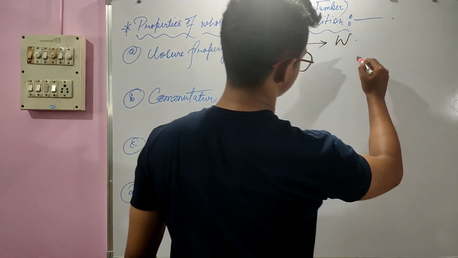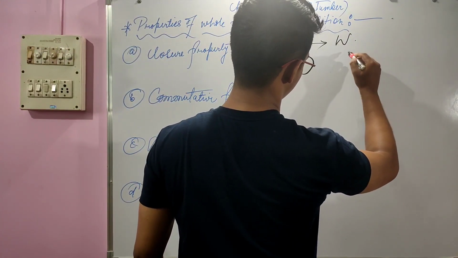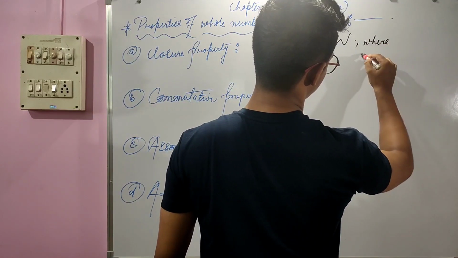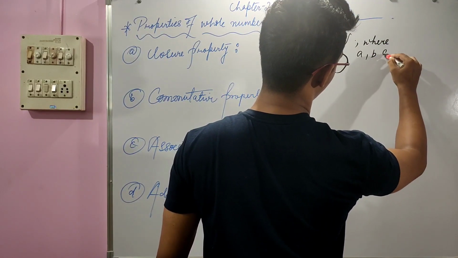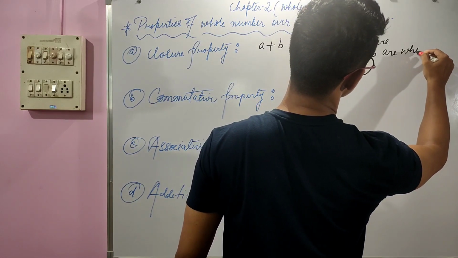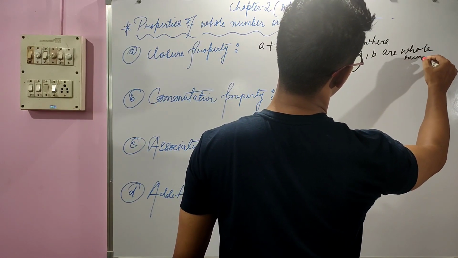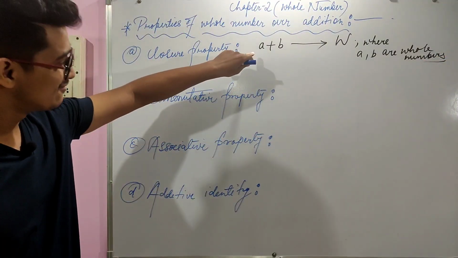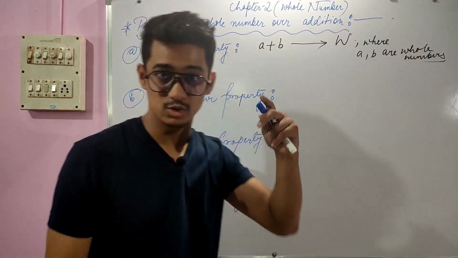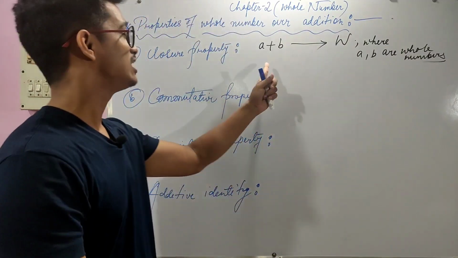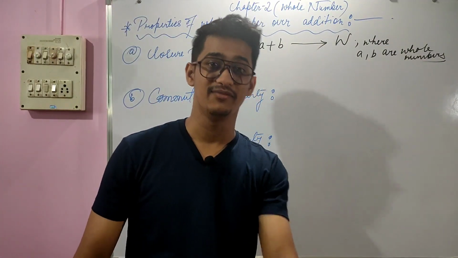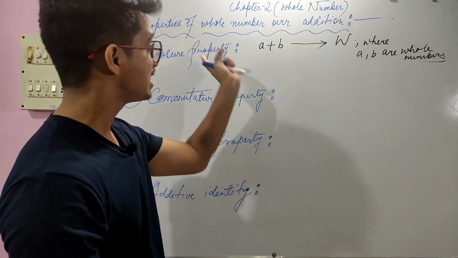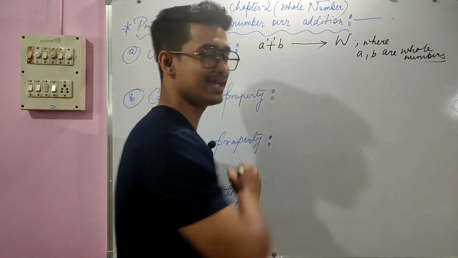Here A, B are whole numbers. So the topic is that when we add two whole numbers, the result will be a whole number. If it is not a whole number, then we cannot say that the closure property will be applicable over addition.